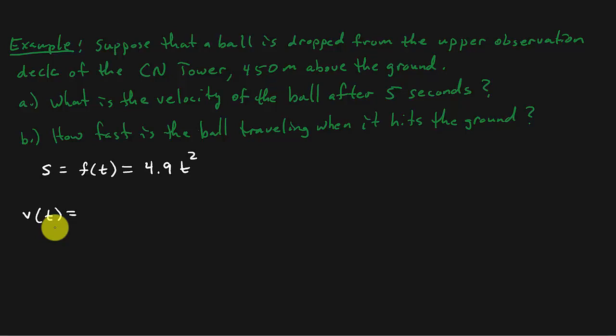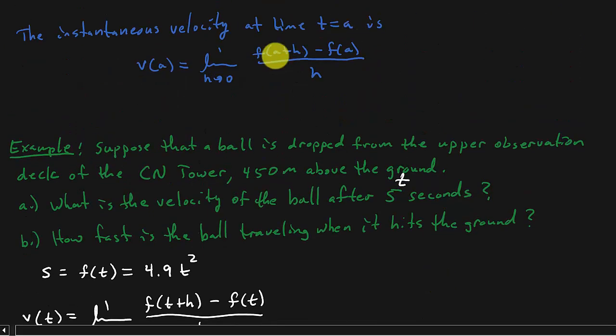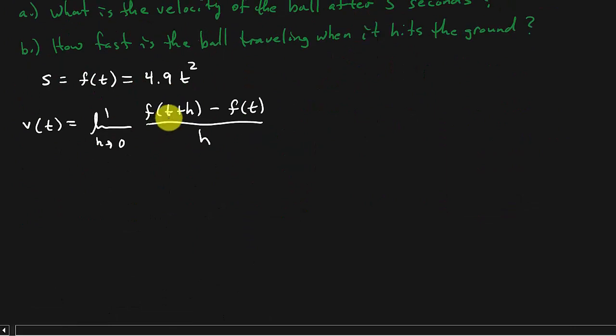So this is going to be the limit as h goes to 0 of f of t plus h minus f of t over h. Instead of finding it right at 5 seconds, I'm going to find the velocity of the ball after t seconds, so I'm replacing this a with the t.